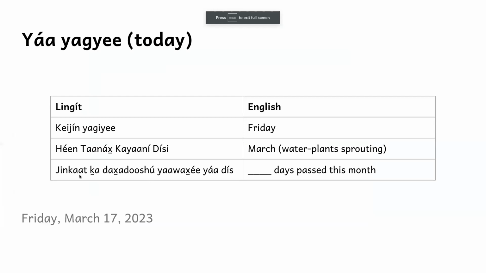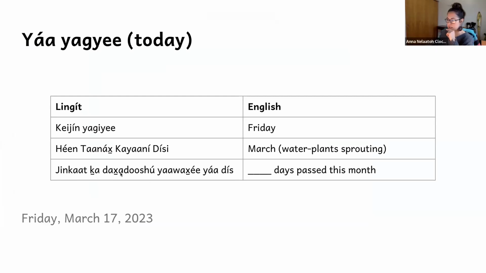And go ahead and repeat after me from jinkat to dachadushu. Repeat after me. Jinkat dachadushu. Let's say that many days passed. Yawachi yadis. Okay. So let's say the whole thing.